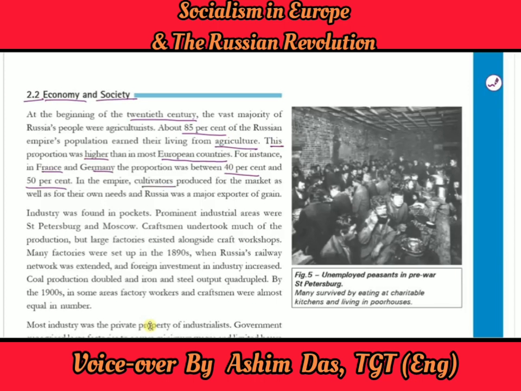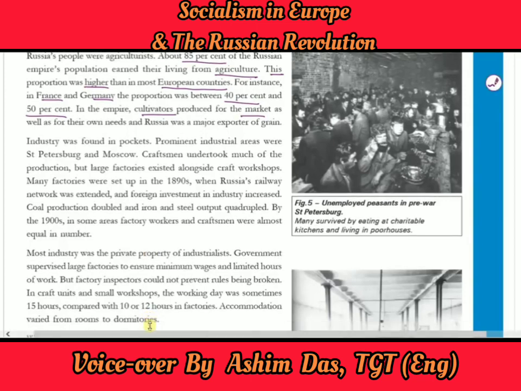But in the Russian Empire, cultivators produced crops for the market as well as for their own needs. And Russia was a major exporter of grain also. Now, what about industry? Industry was found in pockets, meaning in certain selected areas. Prominent industrial areas were St. Petersburg and Moscow.